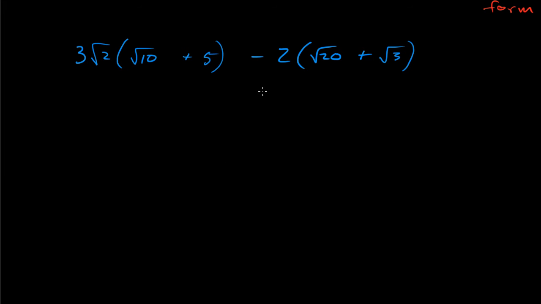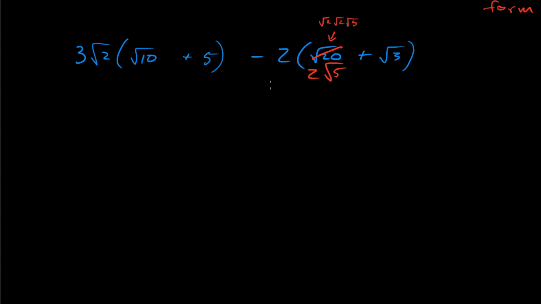Okay, so let's try to simplify this expression. The first thing I'm going to try to do is simplify any radicals that aren't in simplest form. So let's see, the square root of 20 is like 4 times 5, which is 2 times 2 times 5. So I could really think of that as these two 2's would make 2 root 5.